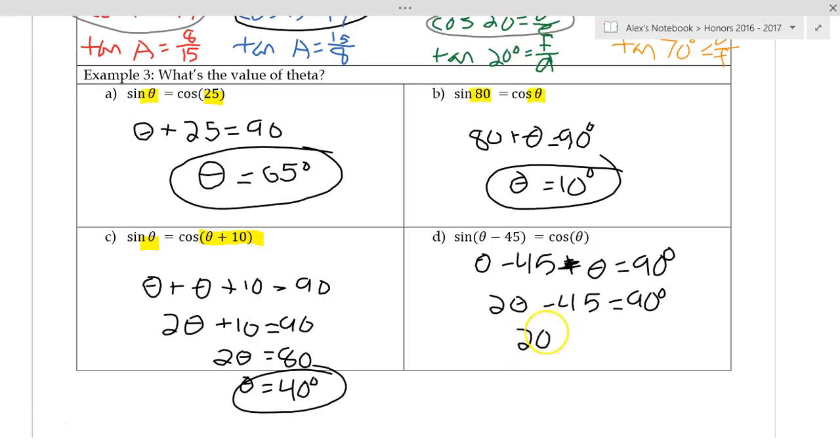So 2 theta equals 135 degrees. Then divide by 2. So theta equals 135 halves, or should be 67.5 degrees, I believe.